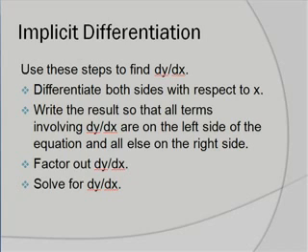You differentiate. You put all of the terms that have a dy/dx on the left side, everything else on the right side. And then you factor out the dy/dx. And this is if you have more than one term with y. And then you finally solve for dy/dx. So let's see how that works then with this next example.